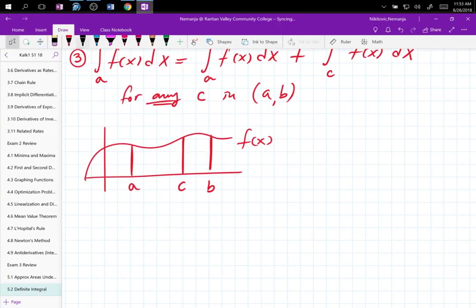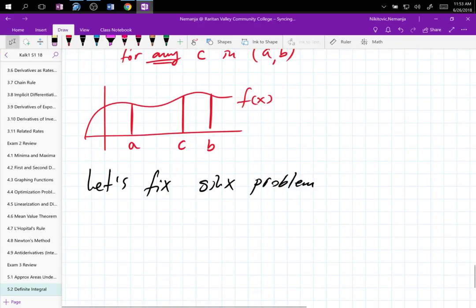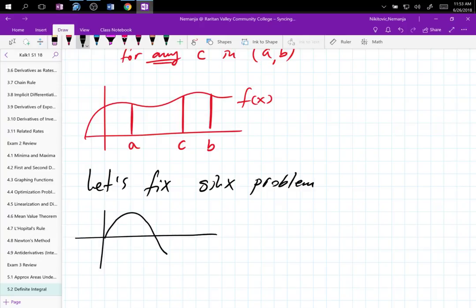So let's fix the sine x problem. I know the graph for sine because I am brilliant, right? All right, so I have this. Clearly, pi is the location where the graph goes under the x-axis.